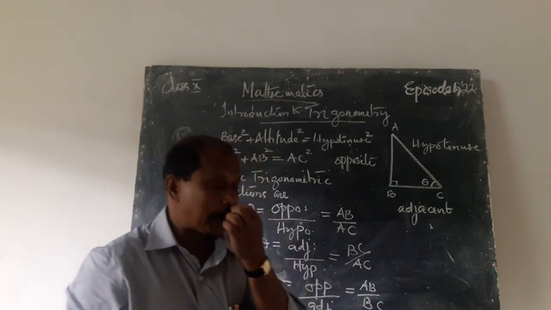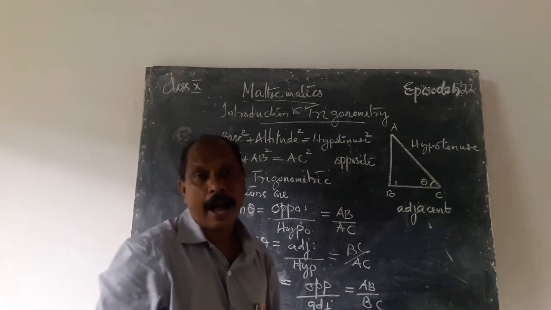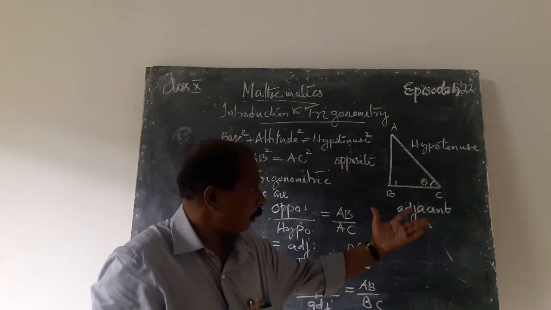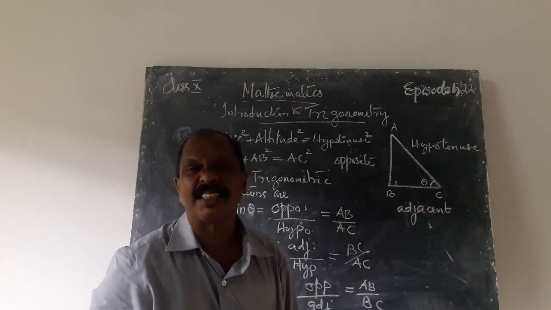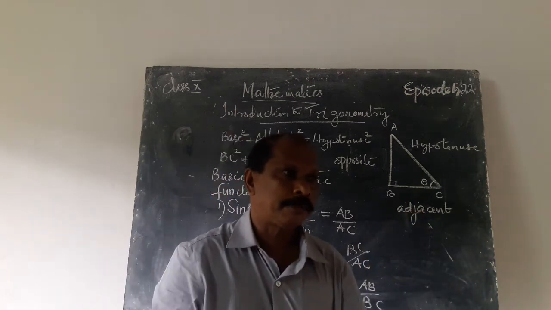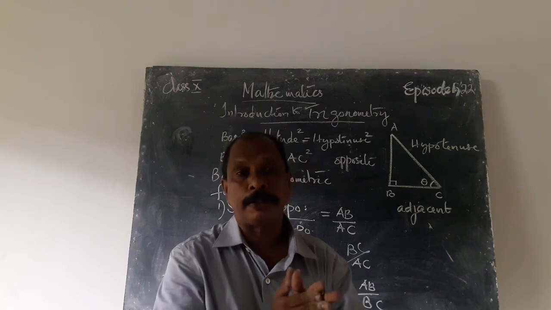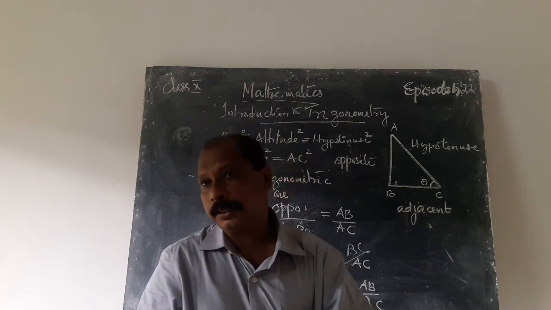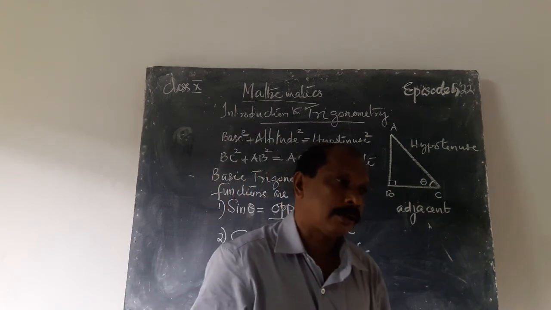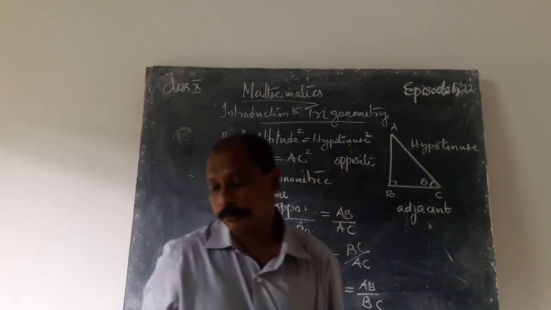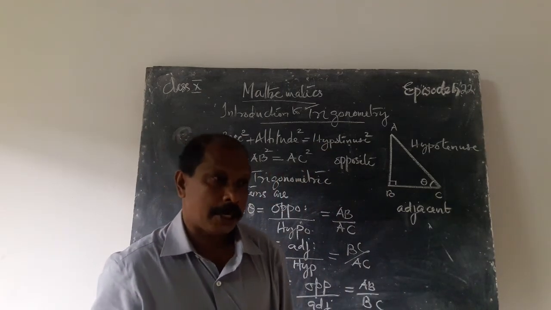Let us assume that the angle at C is theta. That is the general notation, a Greek letter used in mathematics for an angle. Therefore, the angle at C is theta.